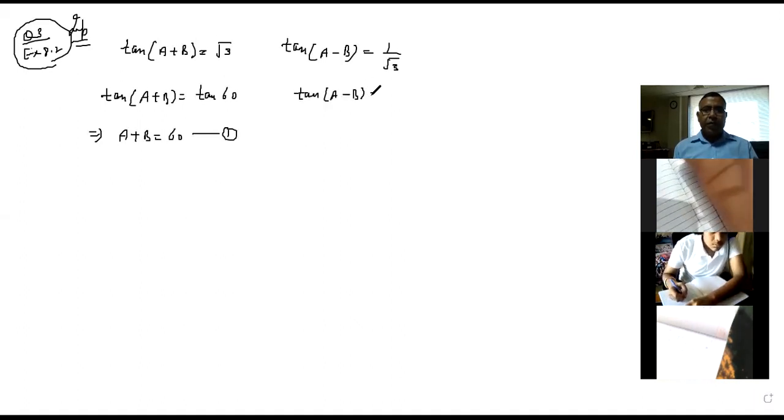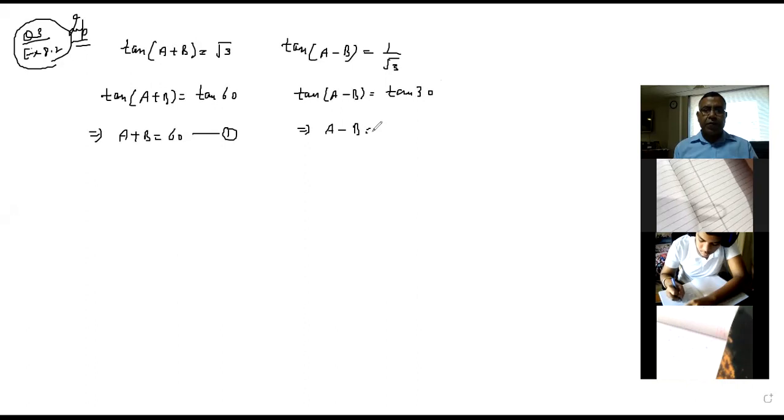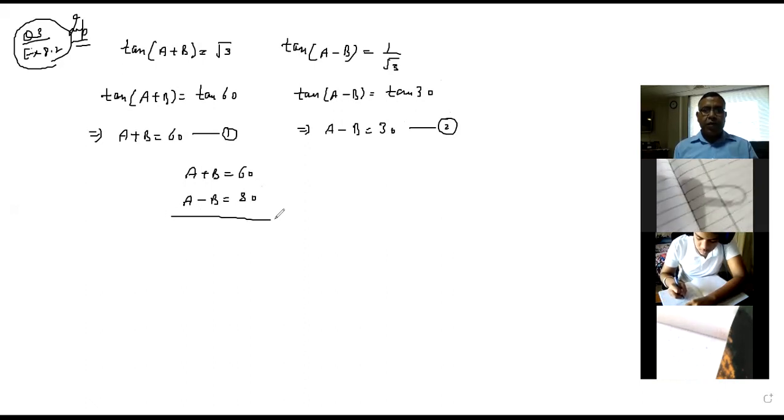Tan A minus B is tan 30, which implies A plus B is equal to 60, A minus B is equal to 30. Add.